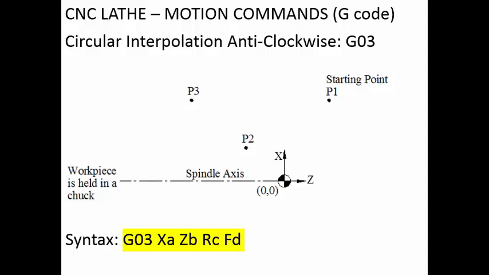So half the distance between point P1 and P2 means the curve will be perfectly a semicircle between the points P1 and P2. Then the radius will be equal to half the distance between them because P1 and P2 will form the diameter. So any radius smaller than that, the curve cannot be generated and the controller will tell that there is some error in the program.